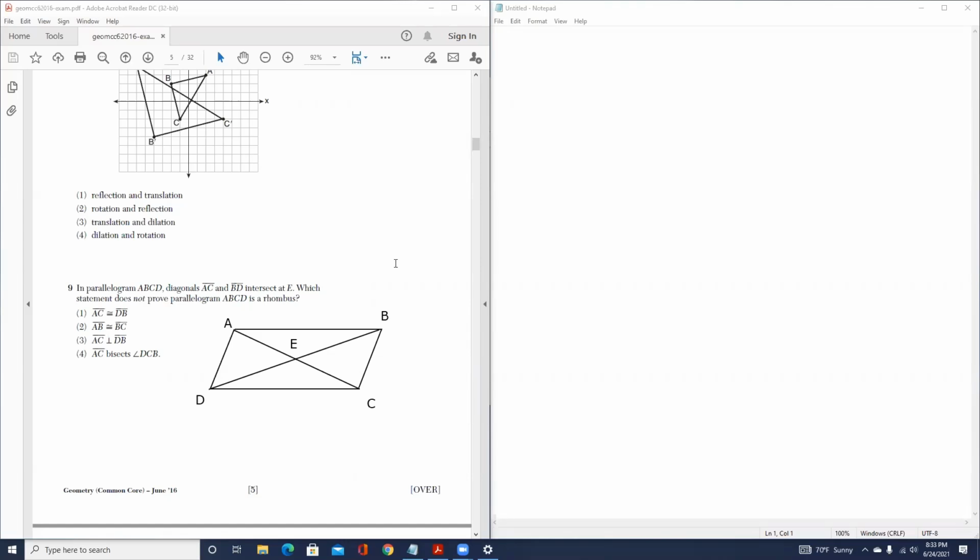So we know this is the parallelogram, so let's draw some of the properties that we know have to be true. We know that opposite sides are parallel to each other. We also know that opposite sides are congruent to each other. So we have two sets of congruent sides.